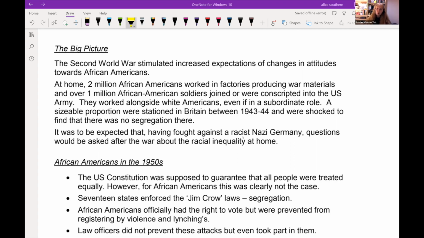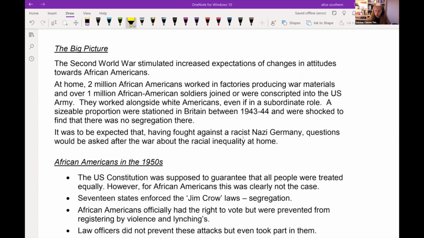So the Second World War opens their eyes to the idea that segregation doesn't have to exist, because they go abroad to Europe, to different countries where they don't have these laws, obviously the Jim Crow laws, that separate everything, and they see that some kind of equality is possible. So they come back and want to start fighting for it.